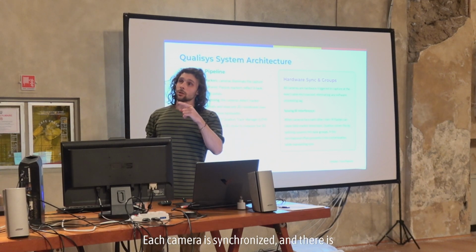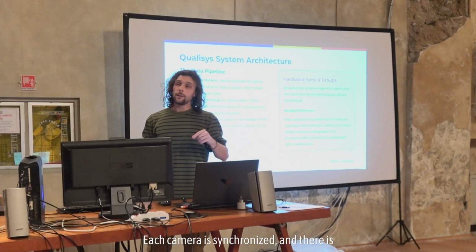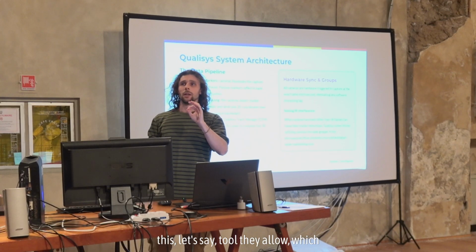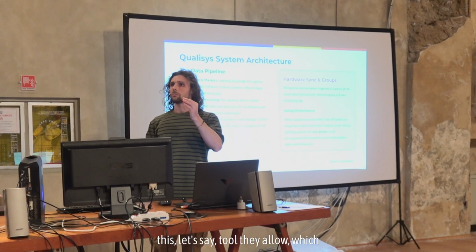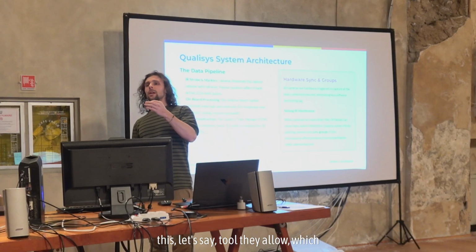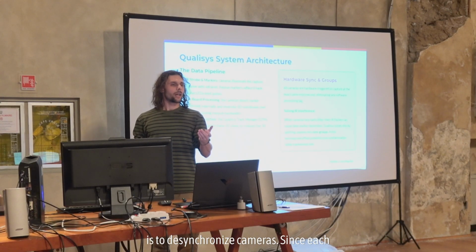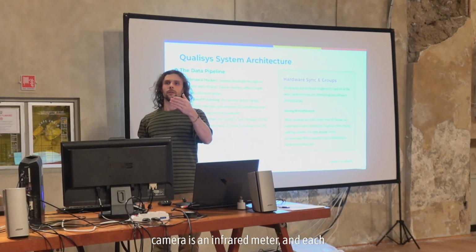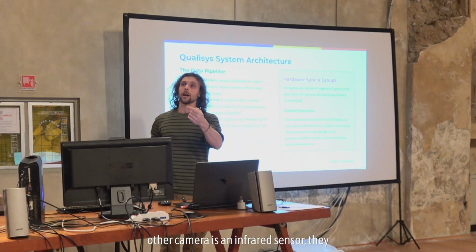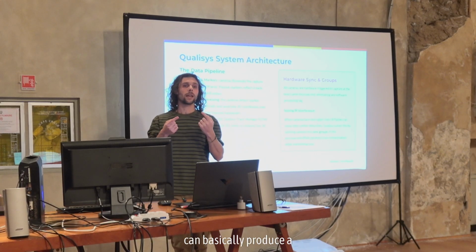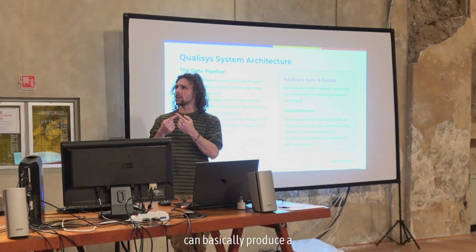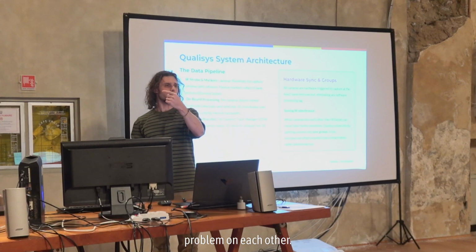Each camera is synchronized, and there is this tool that allows you to desynchronize cameras, since each camera is an infrared emitter and each other camera is an infrared sensor. They can basically produce a problem for each other.